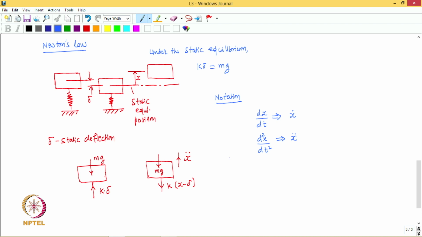And now let us apply Newton's law. By Newton's law, the mass into acceleration should be equal to the summation of all the forces which are acting on the mass, right. And in our case those forces are minus k(x minus delta) and minus mg, right.